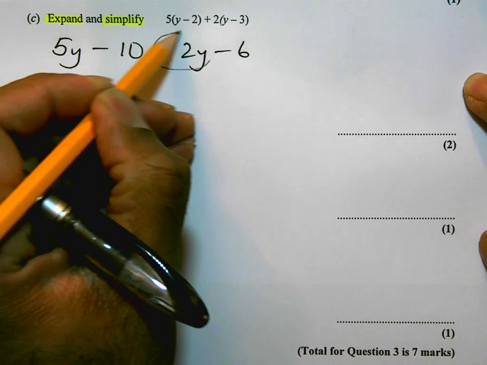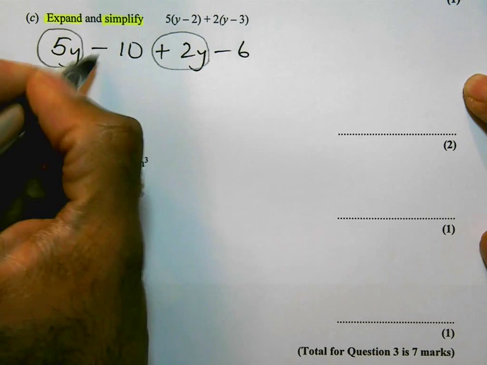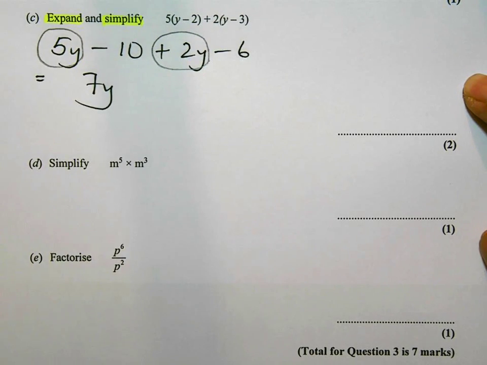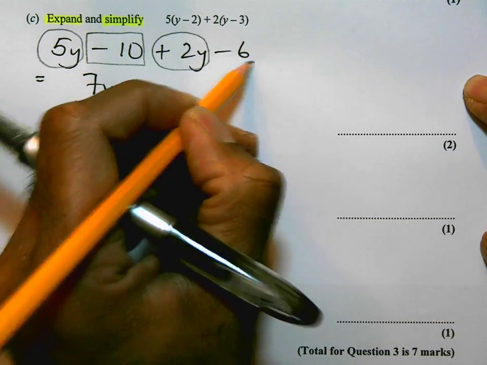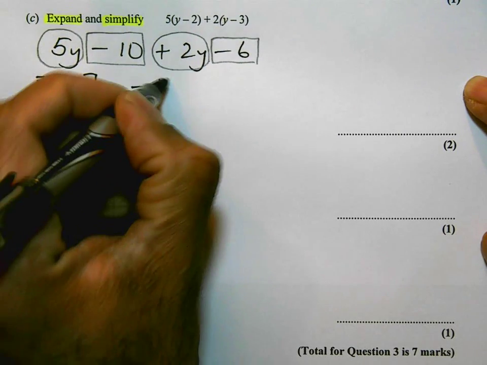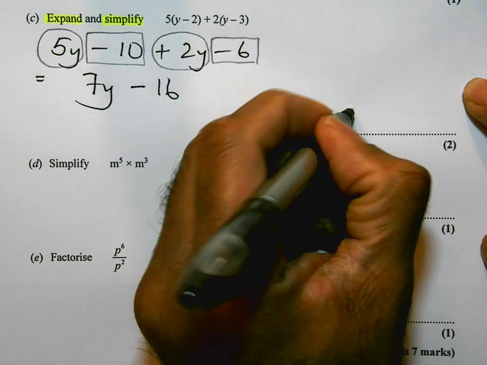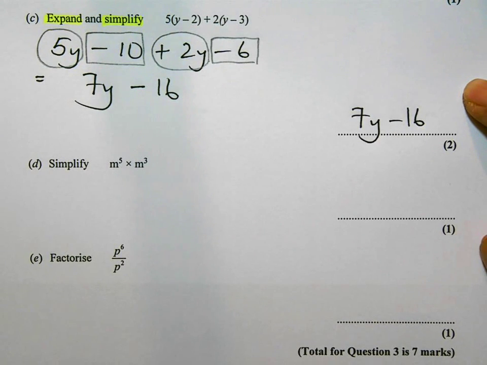So we've got 5y, which is positive, plus 2y, which is going to be 7y. I've then got minus 10 and minus 6, and together they're going to be minus 16. Okay, so my final answer, 7y minus 16. You should be able to do that. That should not be much of a problem to you at all.